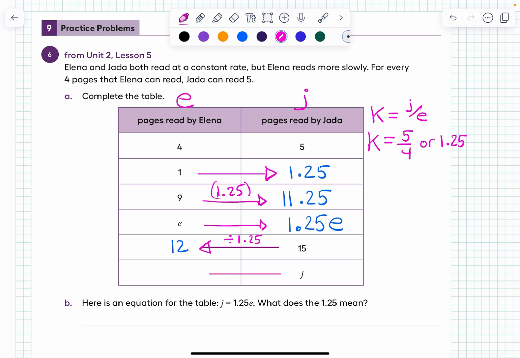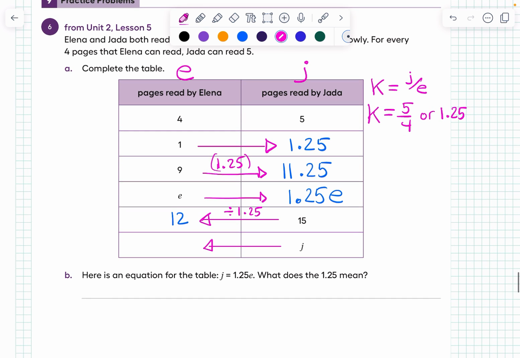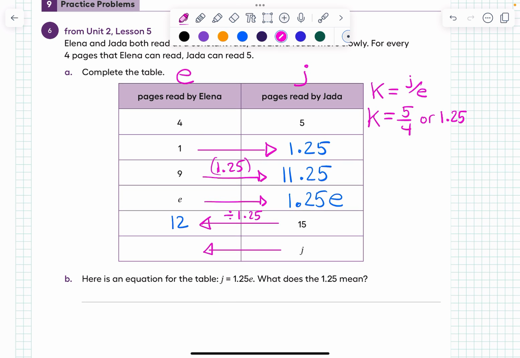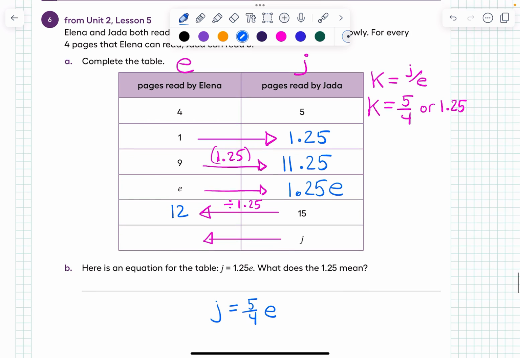Oh, this is very interesting. I haven't seen this type of problem. J divided by 1.25. Okay, give me 1 second, because what I want to do is this. I know that 1.25 is 5/4. So do you all agree that I could have said J equals 5/4 E?